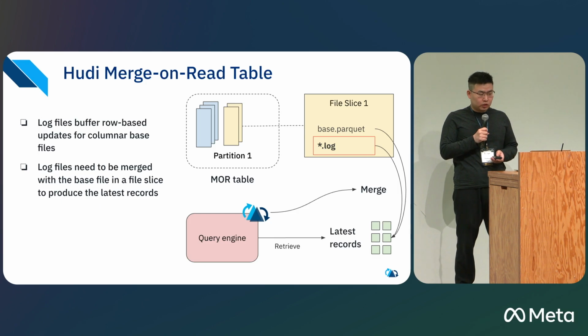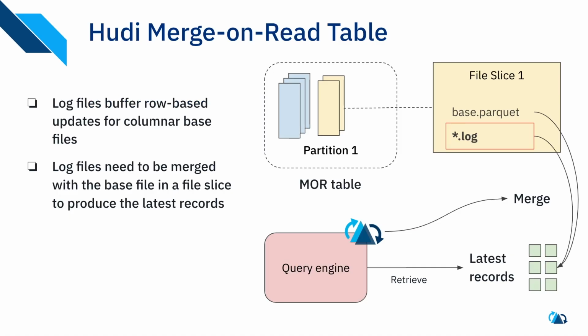For Gluten integration, this architecture requires providing a custom file format that contains both columnar-based file information and associated log file information. When it comes to Velox execution, we need a specialized Velox Hudi data source connector that can process these file slices.